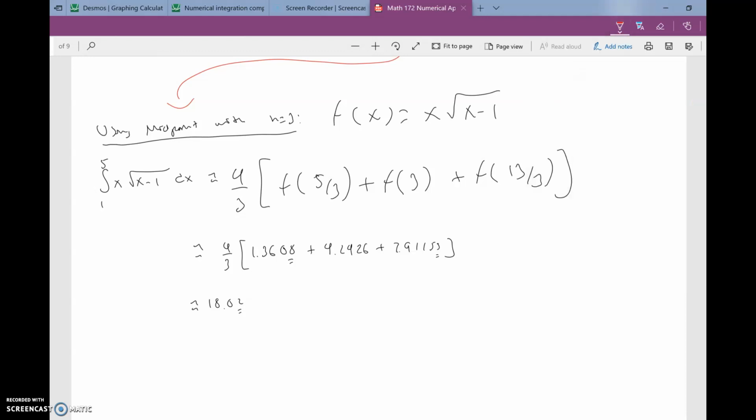We may not be matching because my calculator is using more than the values I'm displaying. Let me double check if we were to use the same values that I wrote down. So 4/3 times 1.3608 plus 4.2426 plus 7.91155.